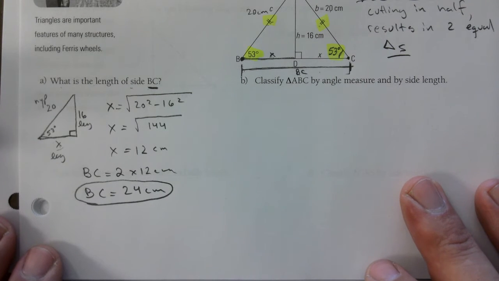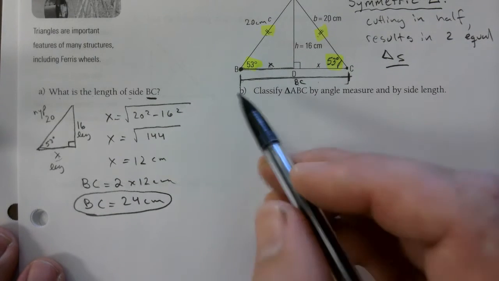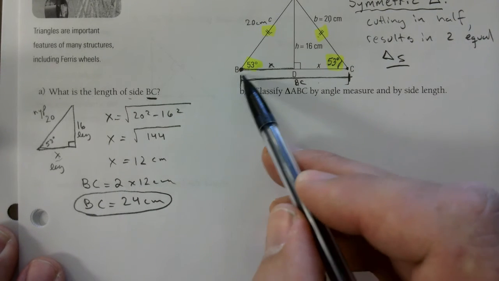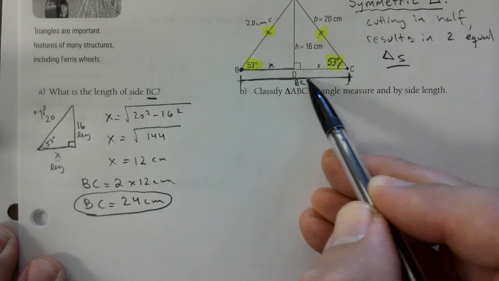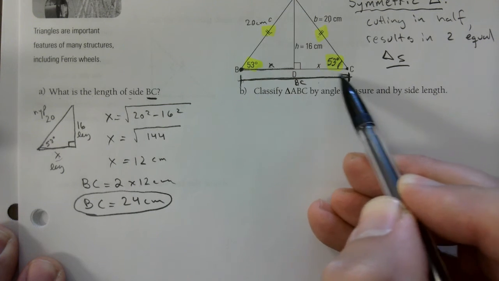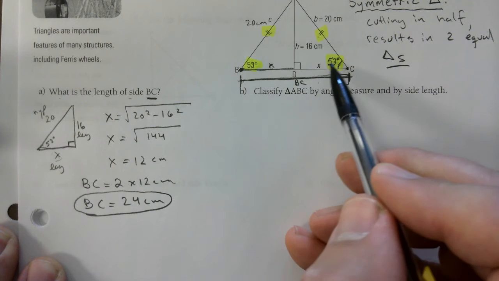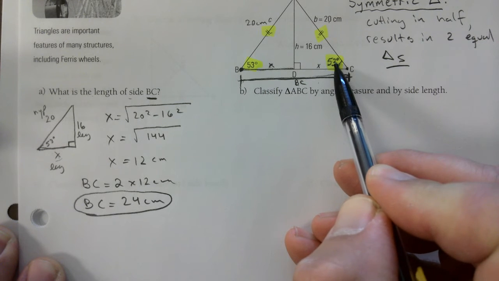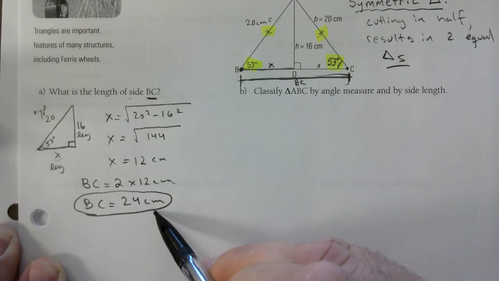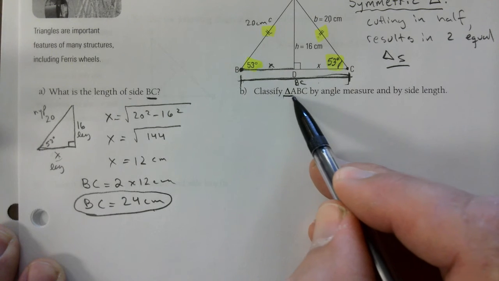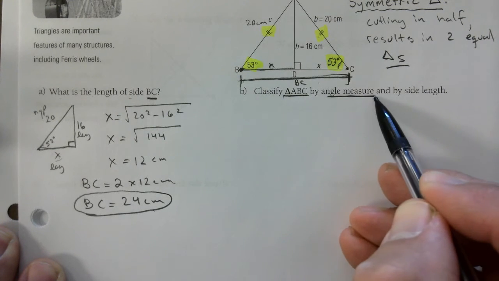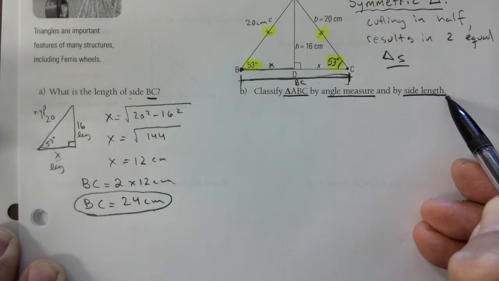Why did we do that? Well, there was a possibility that perhaps this could have been an equilateral triangle. Well, not really, because we have 53 and 53, right? But we answered this question. So now classify ABC by angle measure and by side length.